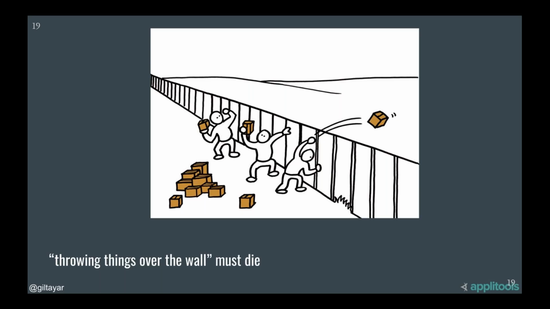It says throwing things over the wall must die, where a development team works for a month or 2 weeks or whatever, finishes, does a little bit of manual testing just to make sure that everything is okay, and then throws the release over the wall to QA, which does the testing, throws back over the wall bugs, and the cycle goes on. This must die if we want working software always, because that means that whatever is in master has to be something that can be released.